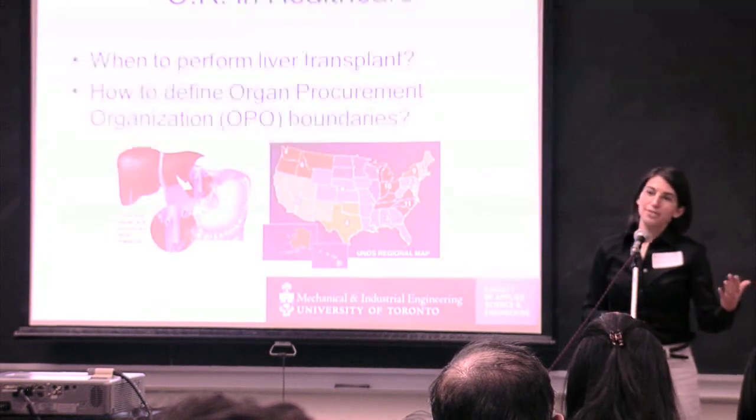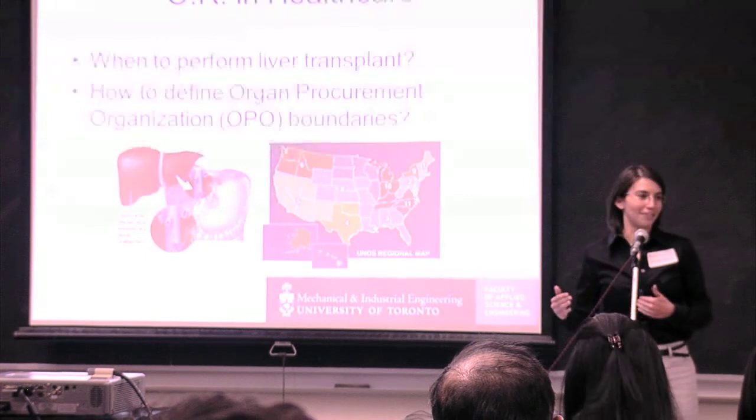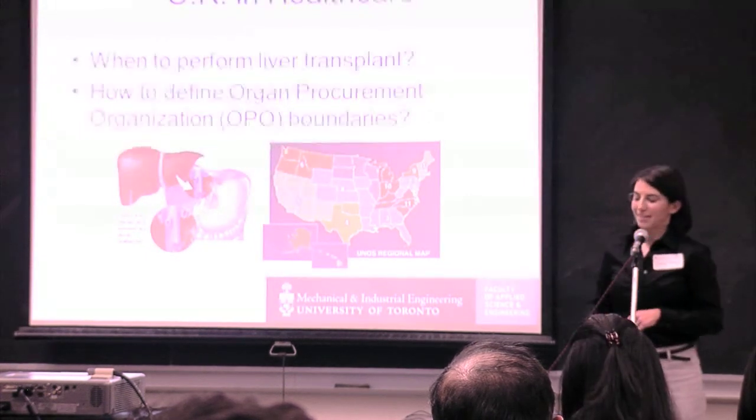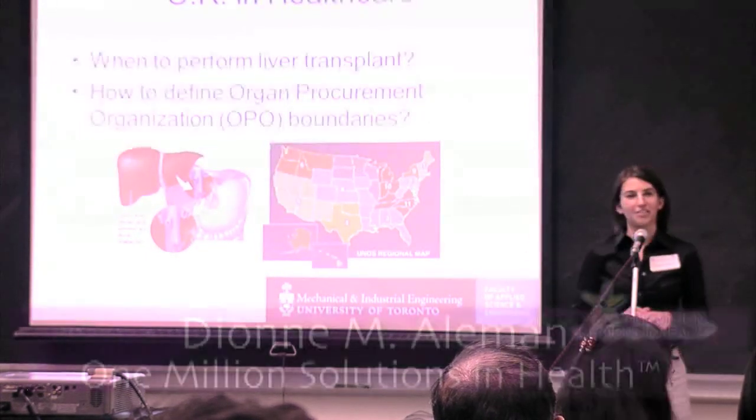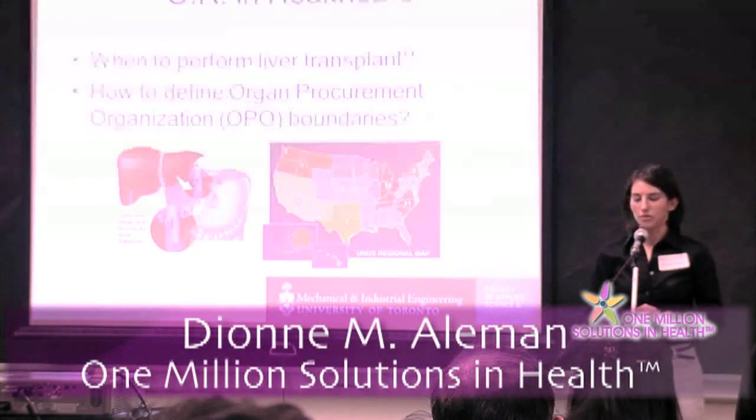Then, of course, there's a whole other question: when should you put yourself on the wait list if you know you're going to have to wait a certain amount of time? That very same group then started looking into that next question. When should you put yourself on the wait list, and why are the wait lists so long?